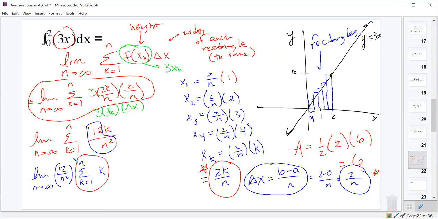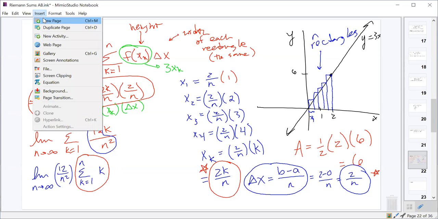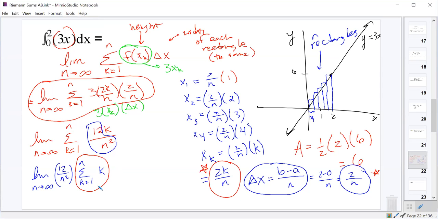We proved that the sum of all of the integers from 1 to n was what? N times n plus 1 over 2. Exactly. So this piece right here is n times n plus 1 over 2. So we're going to replace this with n times n plus 1 over 2.